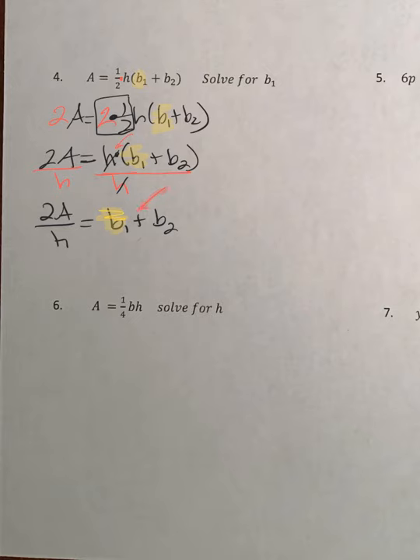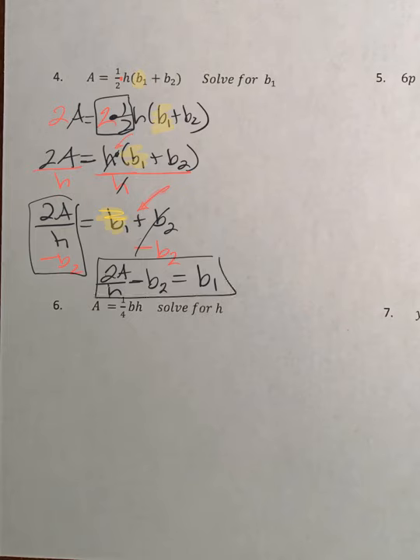So I can undo adding b sub 2 by subtracting b sub 2. And what that leaves me with is my answer, and I'm running out of room, so I'll write it up here: 2 capital A divided by h minus b sub 2, and that is all on the left-hand side. And then that cancels out and leaves me b sub 1 on the right-hand side. So now I've got b sub 1 by itself.